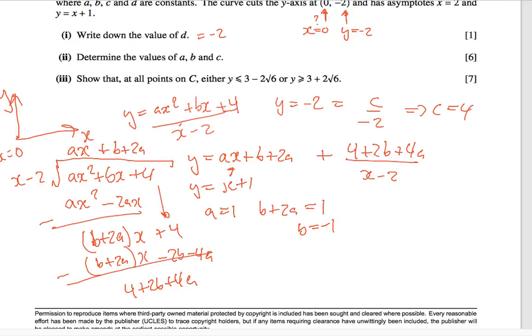Okay, so how are we going to do this? Let's just multiply out by x minus 2, so we get xy minus 2y equals x squared minus x plus 4. Okay, is that right? Yeah, that's right, I think.